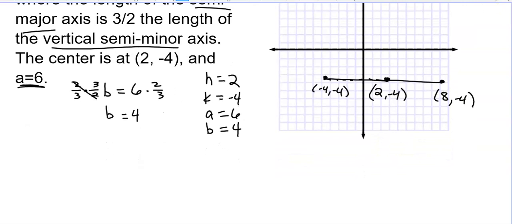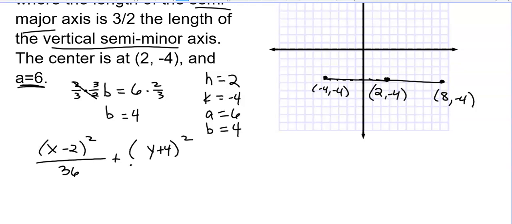Since the major axis is horizontal, we know our x's should come first. So x minus 2 squared over a squared, 6 squared is 36, plus y minus -4, so y plus 4 squared over b squared, 4 times 4 is 16, and that should be equal to 1.